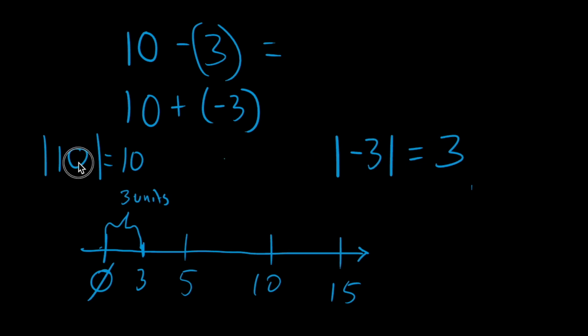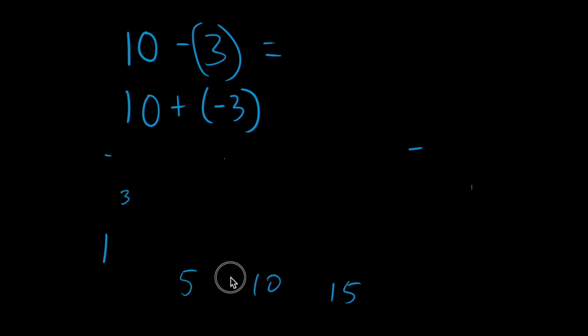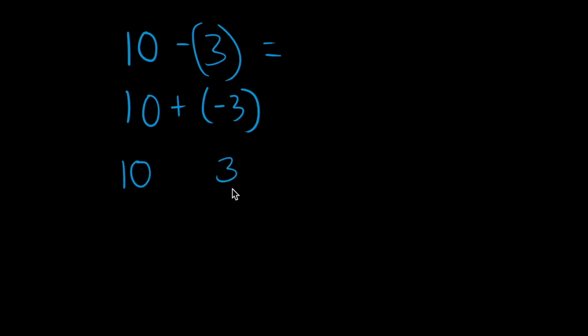Erase all this. So now that we understand what an absolute value is, mentally, we just know that the absolute value of 10 will be 10, and then the absolute value of -3 is 3. And then we subtract from large to small.